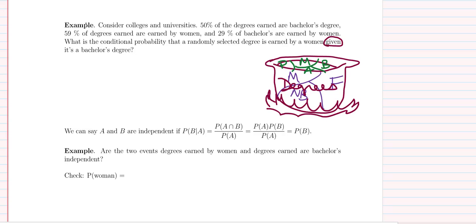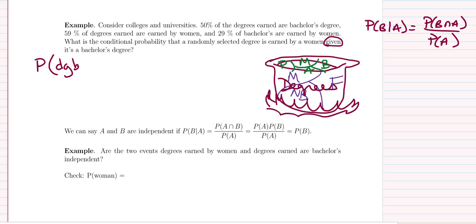Okay, so just remember that we have the rule, probability of B given A is equal to the probability of B intersect A over the probability of A. So from this question, we want to determine what is B and what is A. Well, a randomly selected degree earned by a woman is going to be B, so the probability that a degree is earned by a woman, so I'm going to say degree by woman, given it's a bachelor's degree, so bachelor's degree.